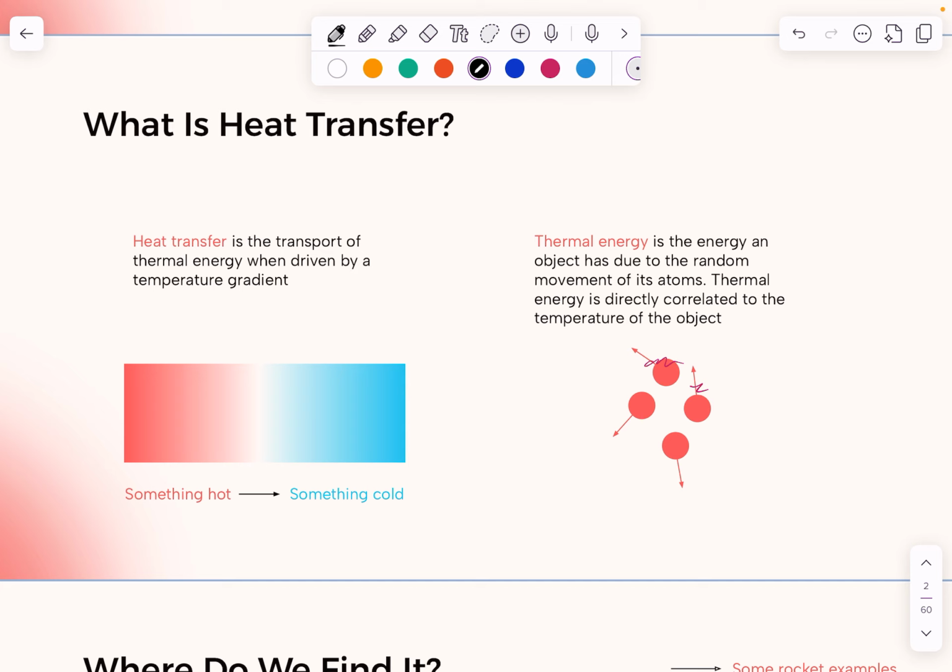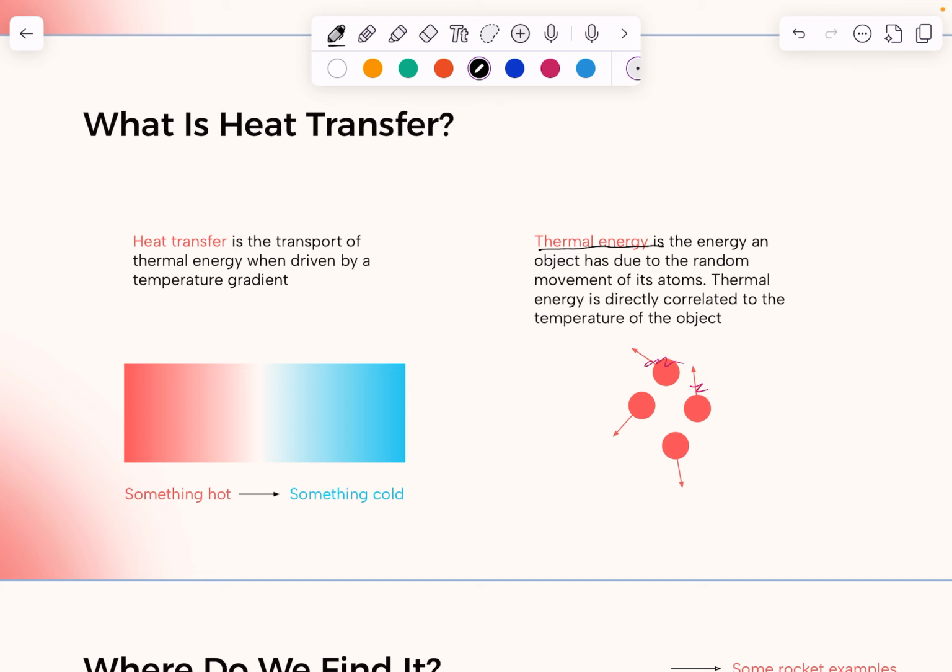What is heat transfer? Heat transfer is the process of transporting thermal energy, and it's always driven by a temperature gradient. Whenever you have something hot and something cold, energy is being transported between them, and that energy, the thing that we call thermal energy, is different than heat transfer.